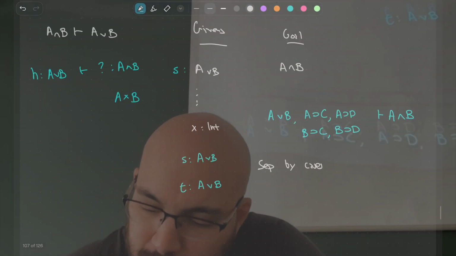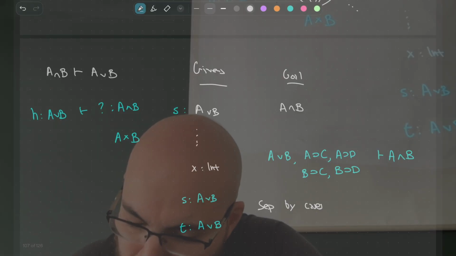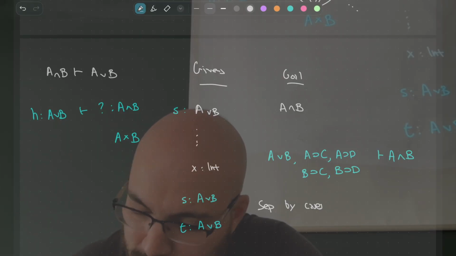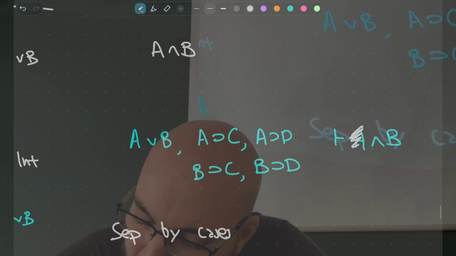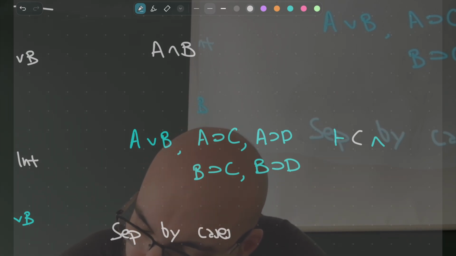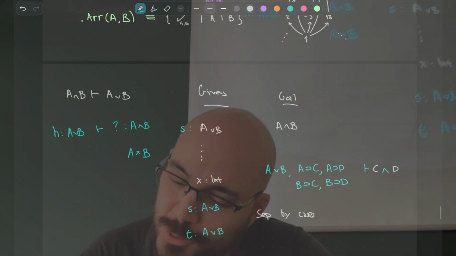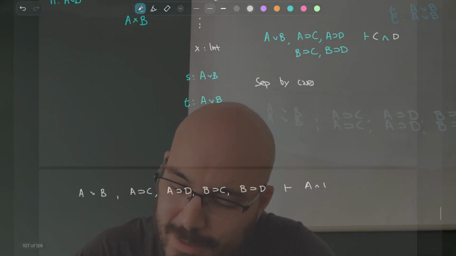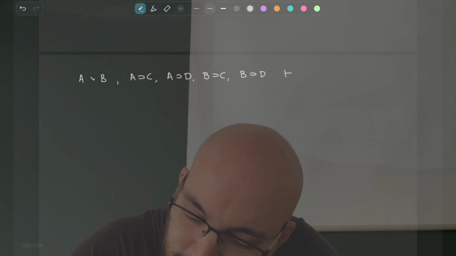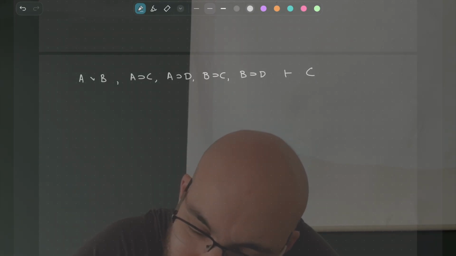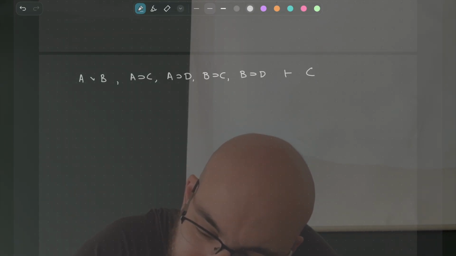What am I even doing here? I'm confusing my letters and nobody's complaining. You should too. I meant to have C and D here, and I meant to have C and D here, obviously. Otherwise, the other things are completely out of nowhere. C and D. Sorry about that.